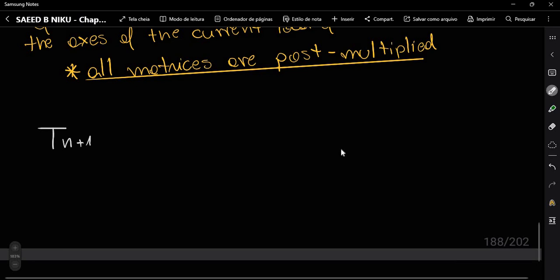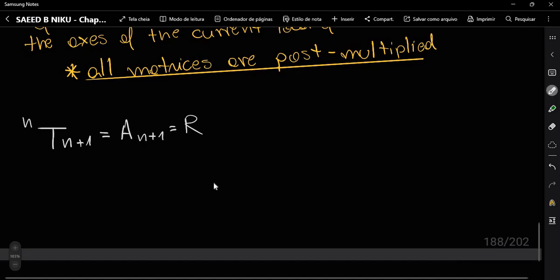Transformation of the frame n plus 1 in relation to the frame n, which is the same as A n plus 1, is a notation that we will use to represent successive transformations, because this is for one sequence of the four motions, and we can have a sequence of transformations.